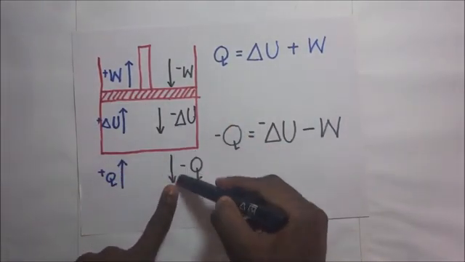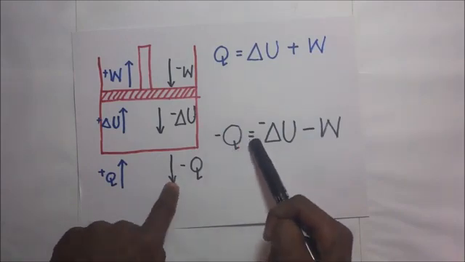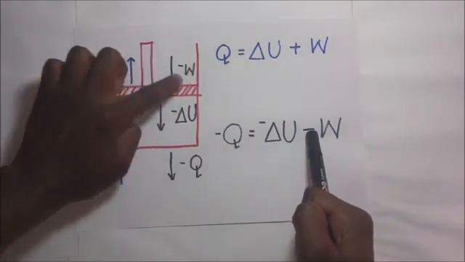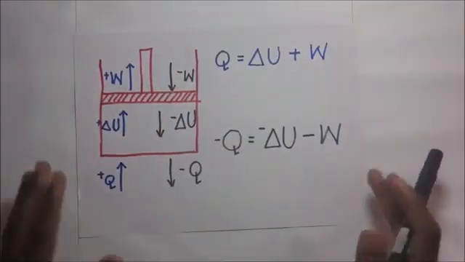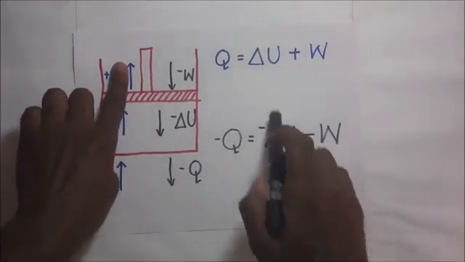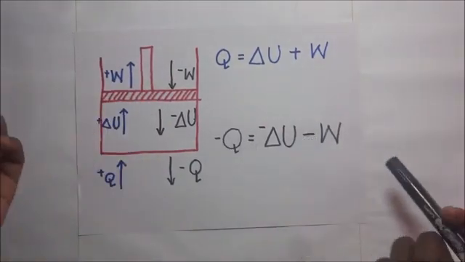When the heat escapes out of this system, it gives us negative Q. It's going to be equal to a decrease in the internal energy and work done on the system by the surrounding. So this is a simplified sign convention: when all arrows are pointing up, they are all positive, and when all arrows are pointing down, it's negative.